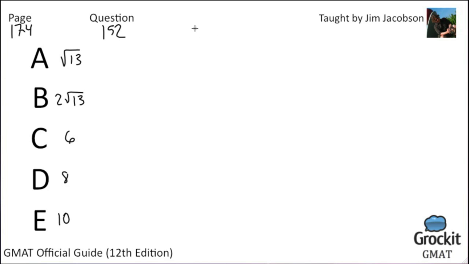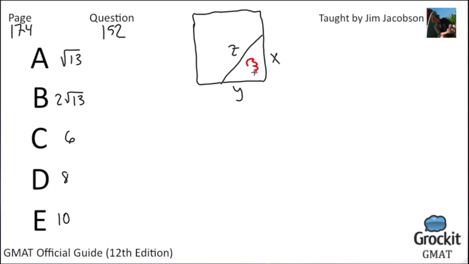So I'm going to draw a little diagram just so that you don't have to take your eyes off the screen. X, Y, Z. These are flowers. Additional drawings like this, of course, are unnecessary on the real GMAT.